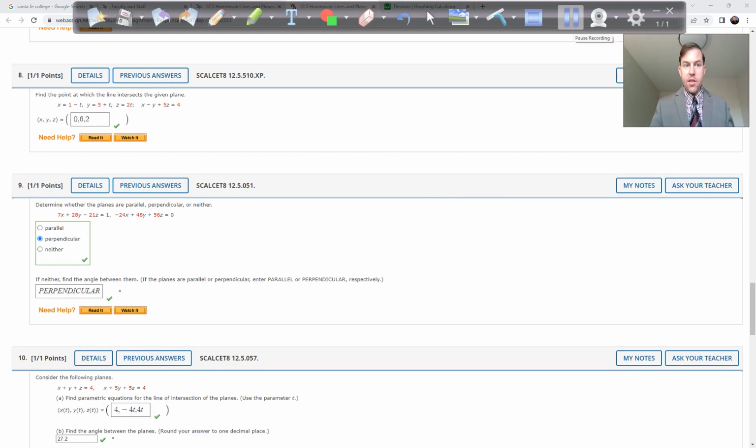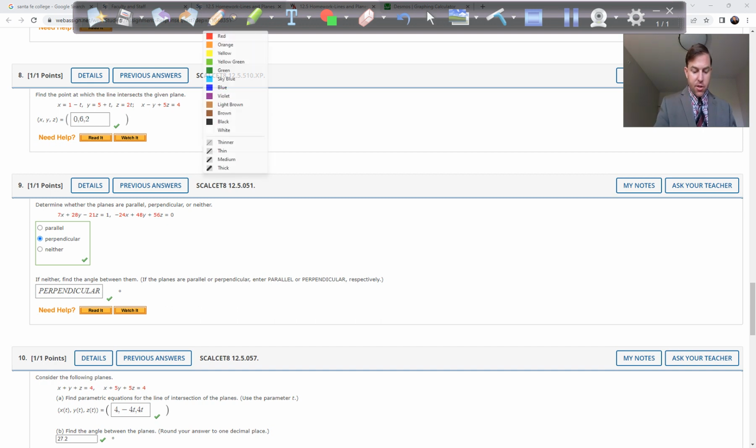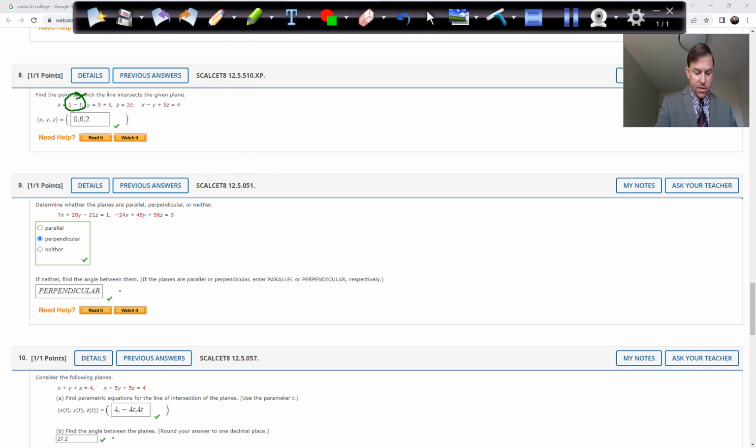Okay, for problem 8, it says find the point at which the line intersects the given plane. So it gives us x, y, and z parametrically, which means they're equations with respect to t, the parameter, and then they give us a plane in x, y, and z. So what we're going to do is substitute this in for x, 5 plus t in for y, and 2t in for z.